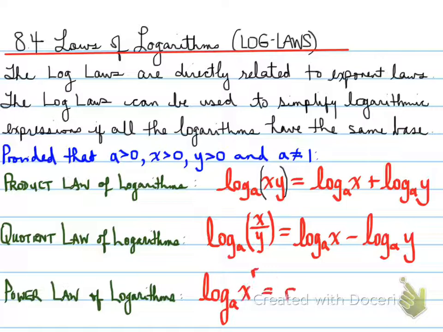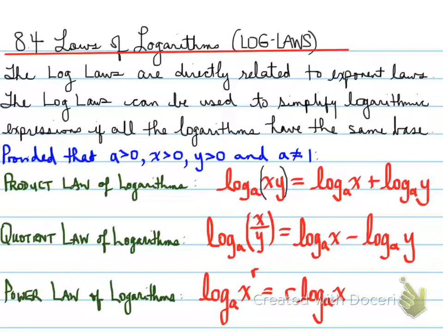It says that if I take the log of a power, that is equal to the exponent times the log of just the base of the power that you're originally taking the log of. We've already been doing this. We've taken this r, brought it to the front, and multiplied it to get these values. So these three laws are very much in use whenever we're dealing with logarithms.